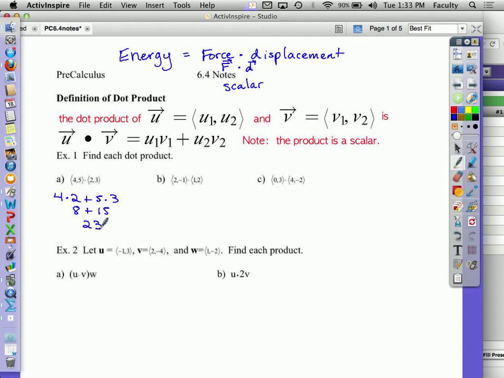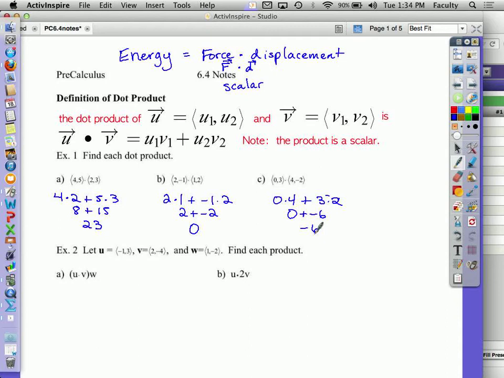On your mark, get set, go. All right, letter B, did you get 0? And C, negative 6. So very simple stuff.